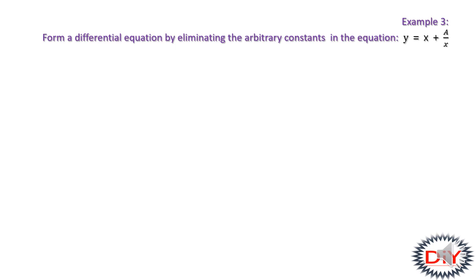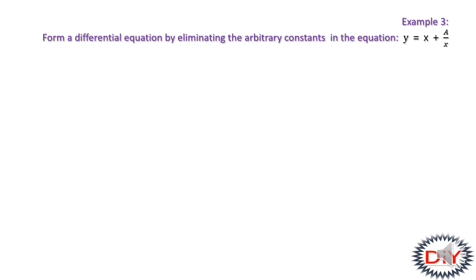Now we are going to example 3. We have a little bit complex example here. This is example 3. Let's say form a differential equation by eliminating the arbitrary constant in the equation y equal to x plus a over x. What we're going to do here is just what I've been doing all this while.